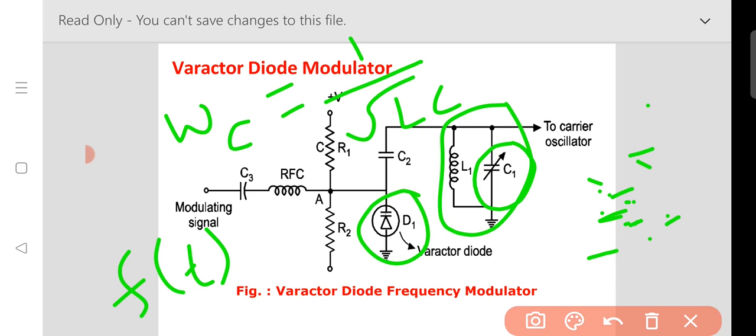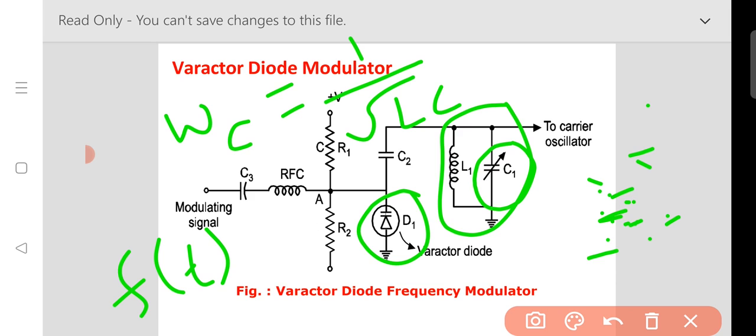The output frequency of the VCO is varied according to the modulating signal by shunting a voltage variable capacitor.